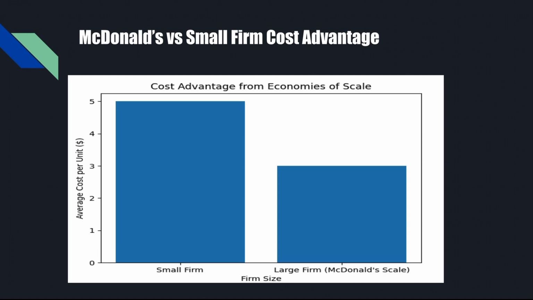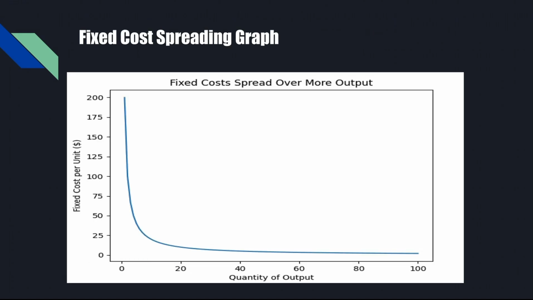The one on the right, McDonald's scale, has a lower cost than the firm on the left, which is just a smaller scale firm. This reflects McDonald's business model, where its large scale and franchising system allow it to operate more efficiently than small independent restaurants.